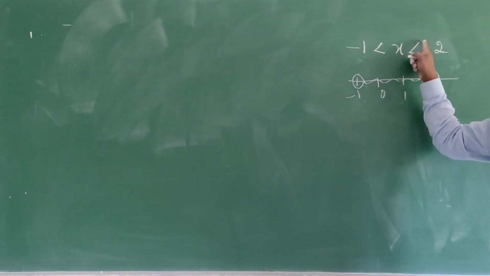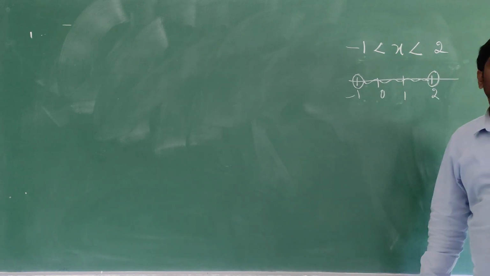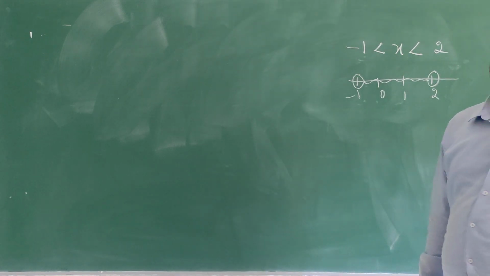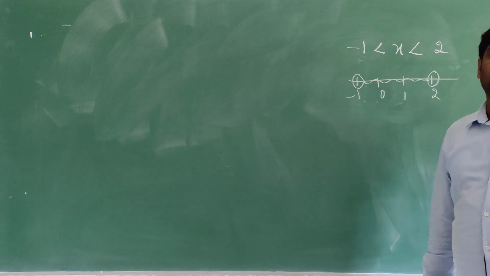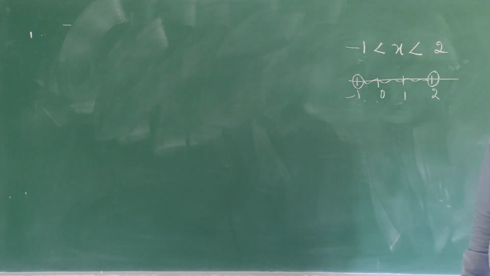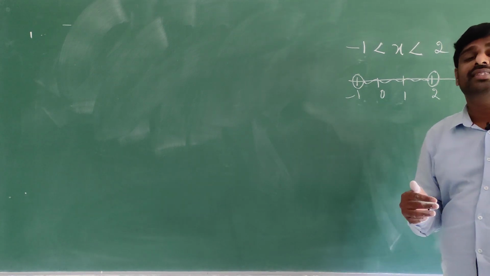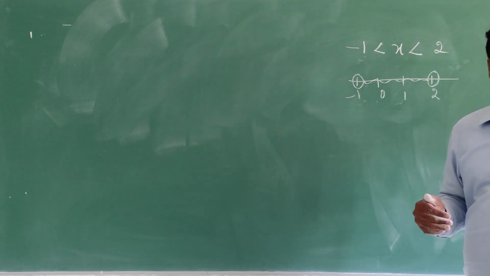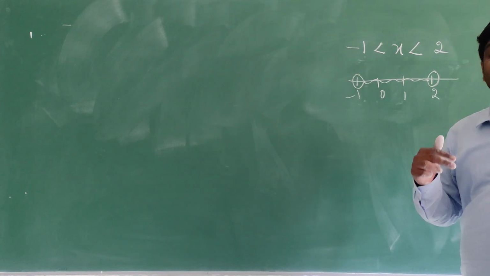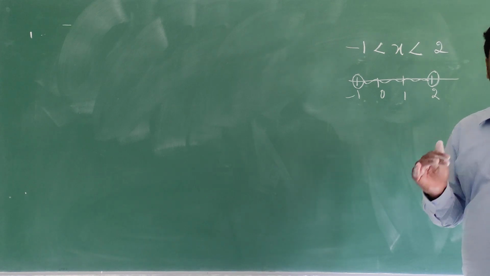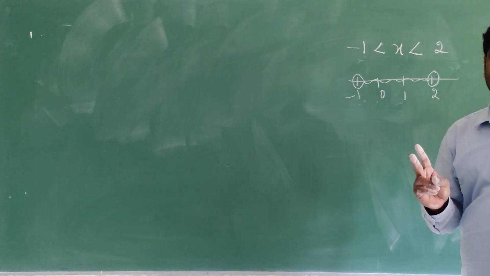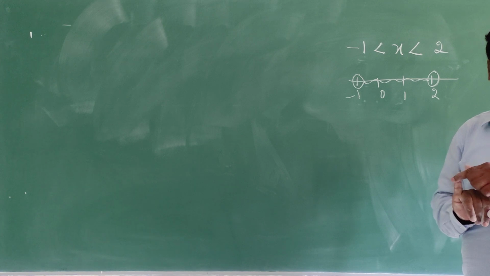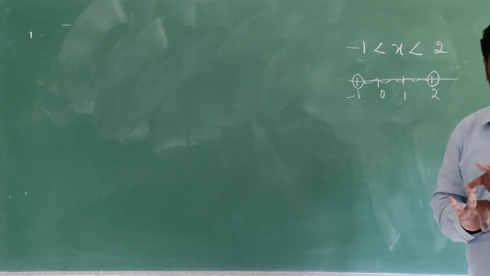Only less than is there, so that is called an open interval. Less than or equal, greater than or equal is there, so that is called a closed interval. An interval has two types: one is open interval, another one is closed interval.